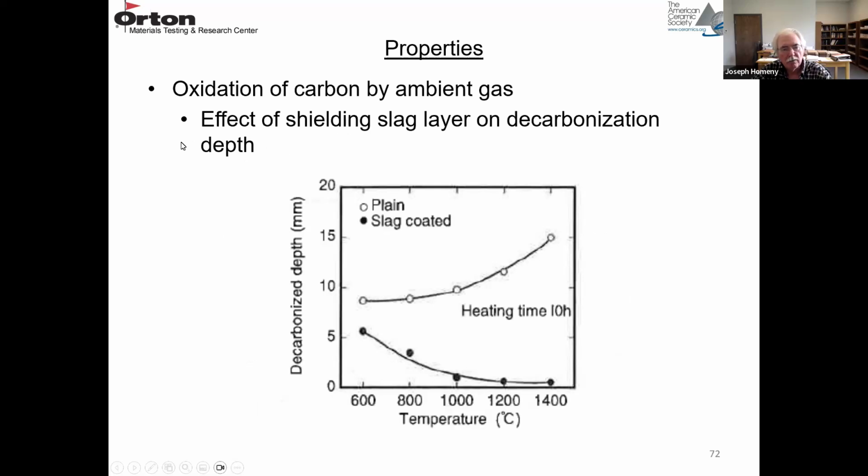So the effect of shielding by the slag layer, we look at the decarbonization depth, the depth where carbon is removed, that's in millimeters from 0 to 20 versus the temperature. So these are experiments where there was a plain MgO carbon composite versus a composite that had a slag coating.